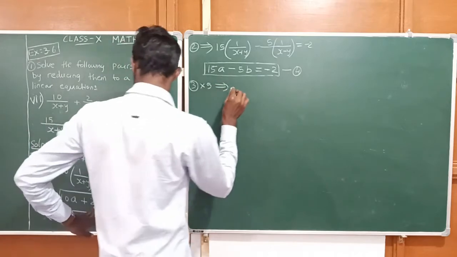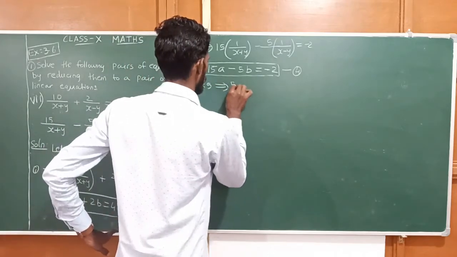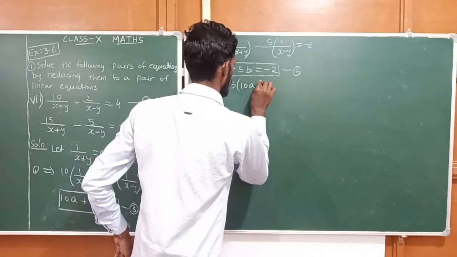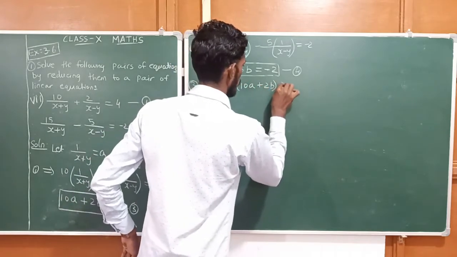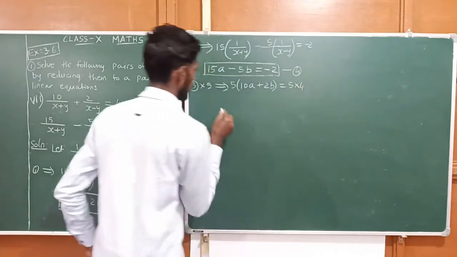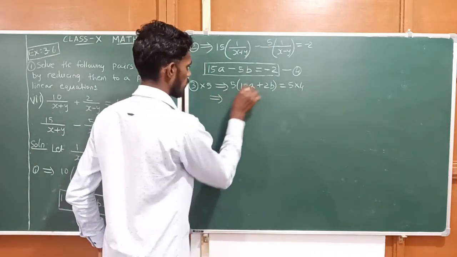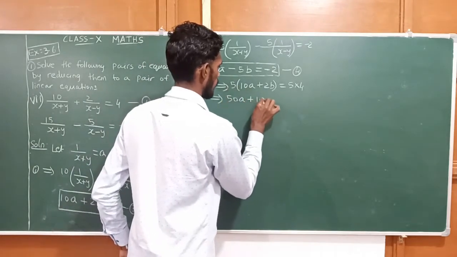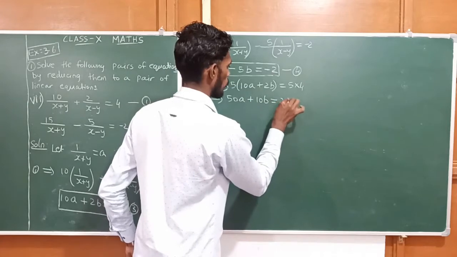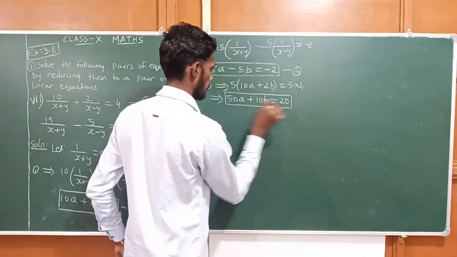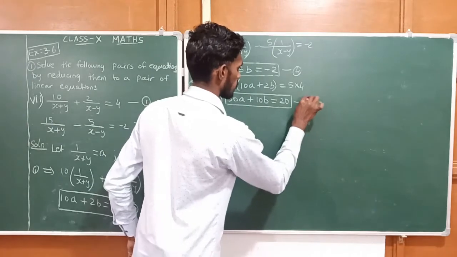It will become 5 into 10a plus 2b is equal to 5 into 4. So, which gives 50a plus 10b is equal to 20. Name it as number 5.